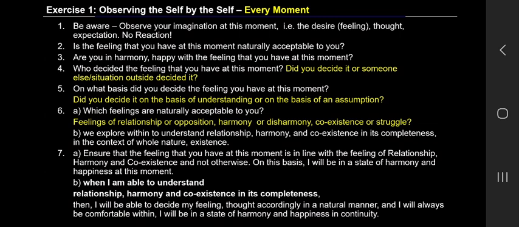With this harmony, now in exercise 2, I am observing body and I am evaluating sensation. So if I am in harmony inside, then I will rightly evaluate the sensation happening in the body. I will rightly evaluate the inputs coming from outside in terms of feeling, sensation, etc.